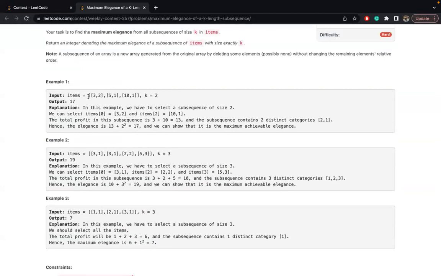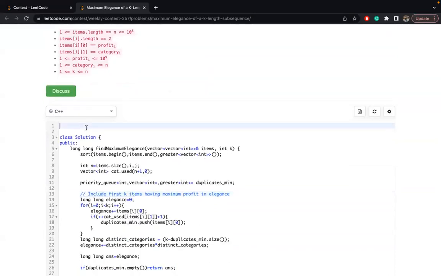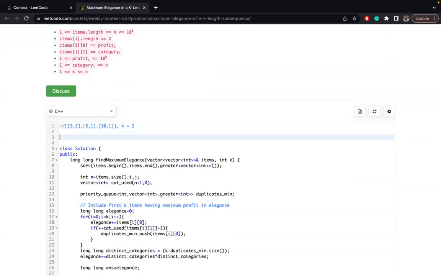Let's again understand the question with this example. It will be easy to understand. Let's first understand the question with this example, and then we will understand the approach. Here, I'll find out all subsequences of length k, that is 2. One subsequence is 3, 5.